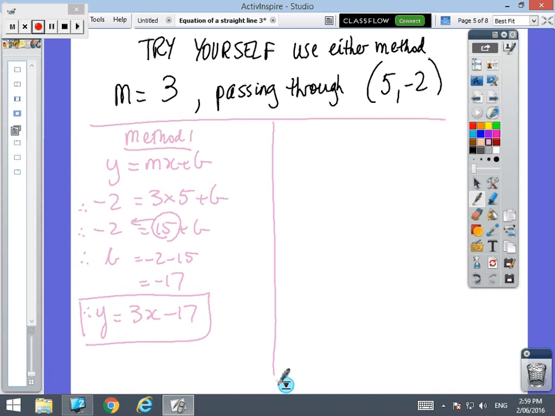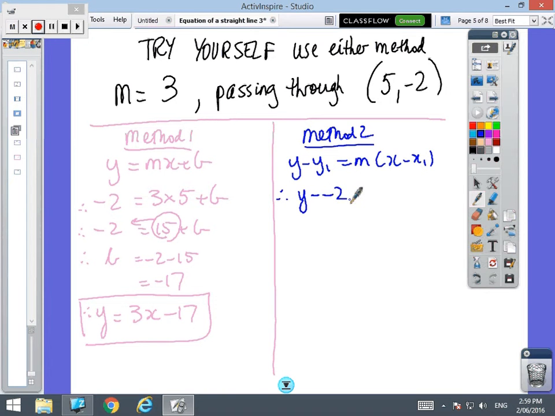Okay, let's have a look at method 2, just for those girls who like their formulas. y minus y1 equals m bracket x minus x1. y minus a minus, it's a minus, so we're minusing a minus, equals 3 bracket x minus 5. That's easy enough. Now, two minuses headbutting each other means you've got a plus sign.